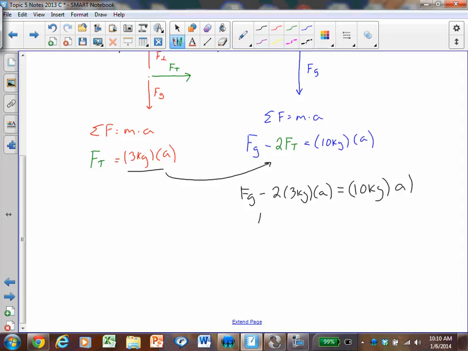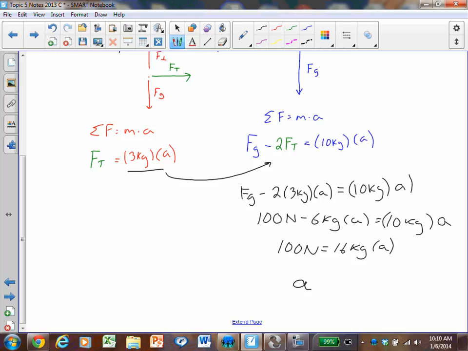Minus 6 kilograms A equals 10 kilograms A. So 100 newtons equals 16 kilograms A. A is 100 newtons divided by 16 kilograms. 5 something, right? Oh, 6 something. 6.25 meters per second squared. Okay?